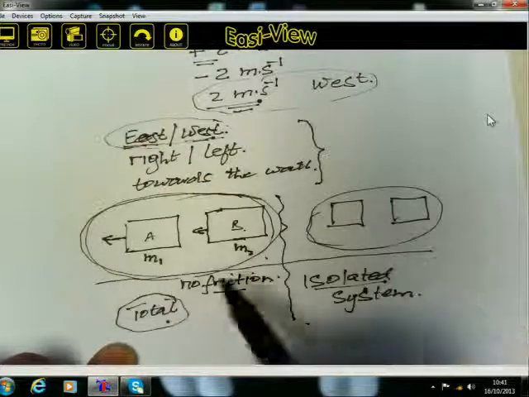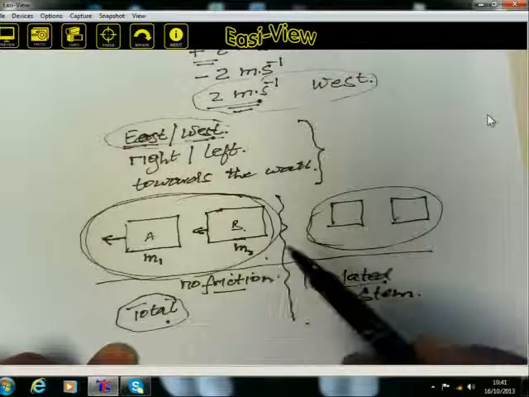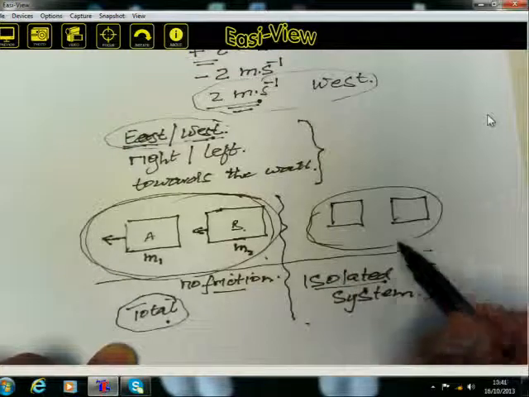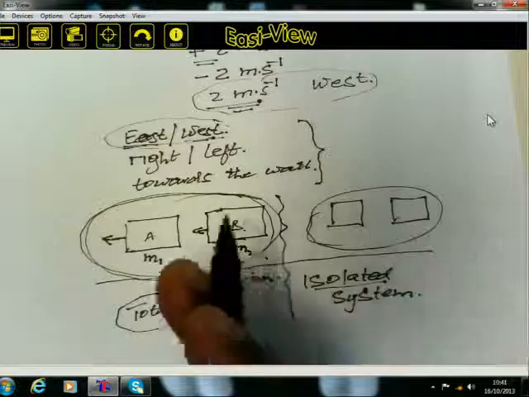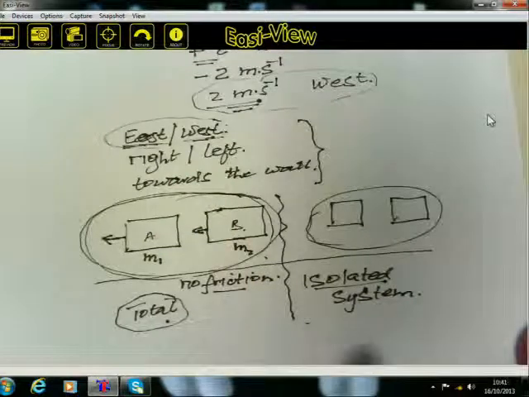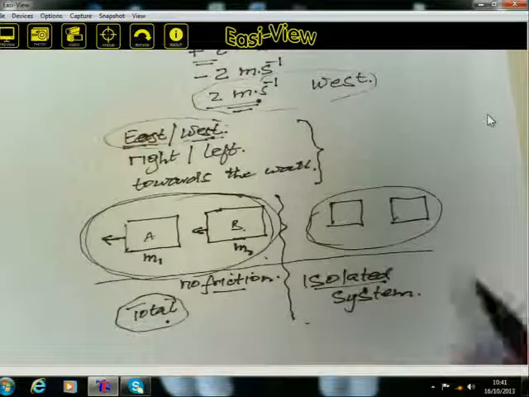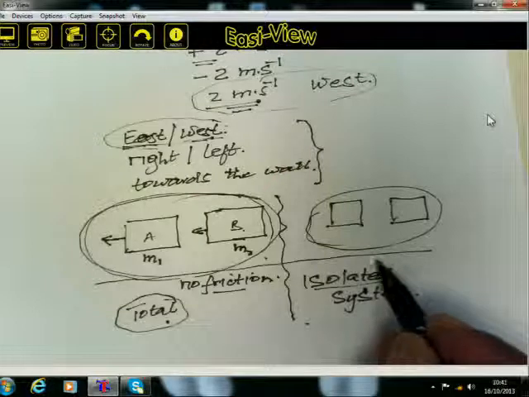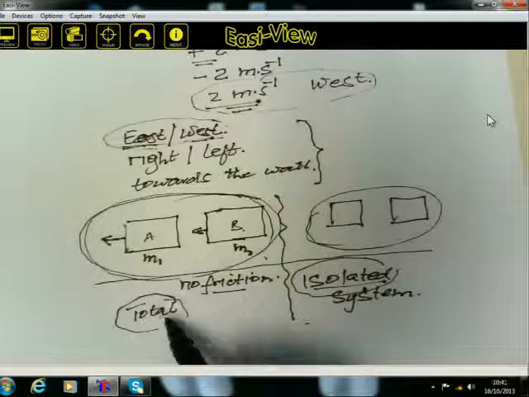The total momentum of an isolated system remains conserved. That is, the total momentum before the collision is equal to the total momentum after collision, if the system is isolated. So these are keywords.